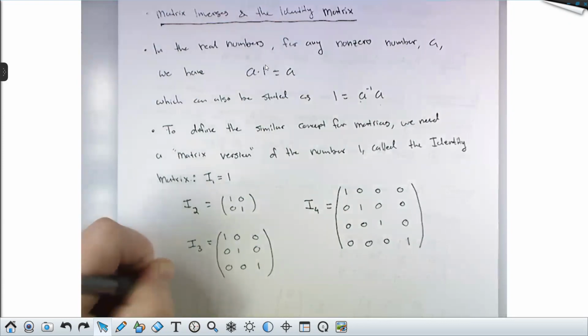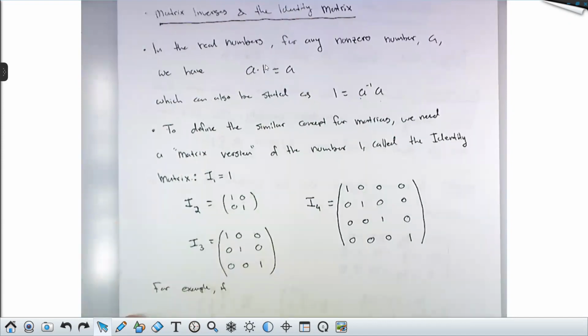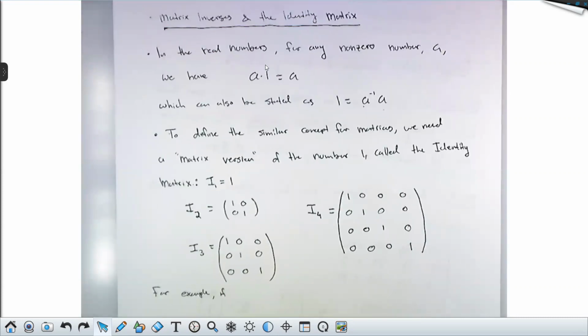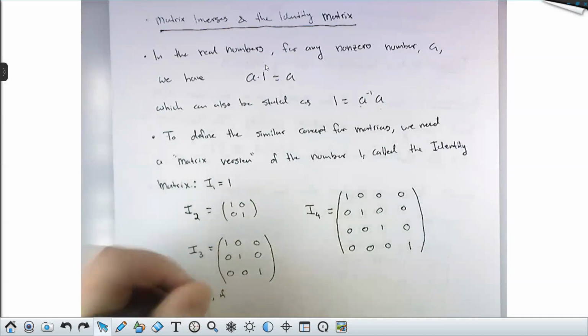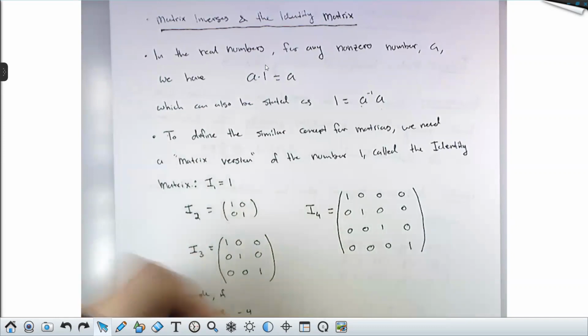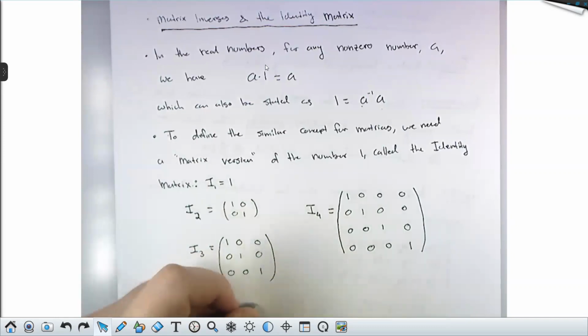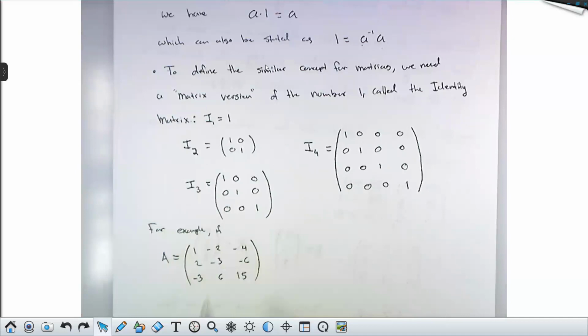For example, if A is the matrix 1, -2, -4, 2, -3, -6, -3, 6, 15, then I claim if I multiply A by the 3 by 3 identity, I will get A back.